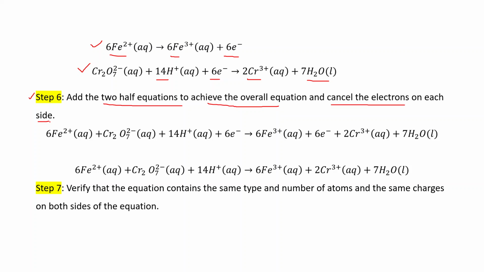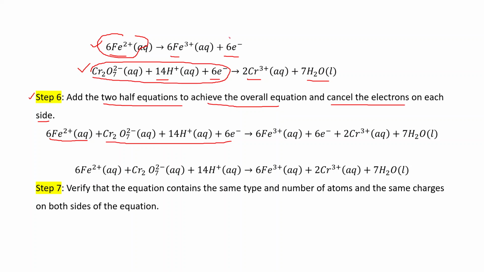Now for this step, we have to add the two half equations, and for this purpose, first write the reactants of both the equations together. So in the oxidation equation the reactant is 6Fe2+, and in the reduction equation the reactants are these. Then again write the products of both the half equations together after the arrow mark.